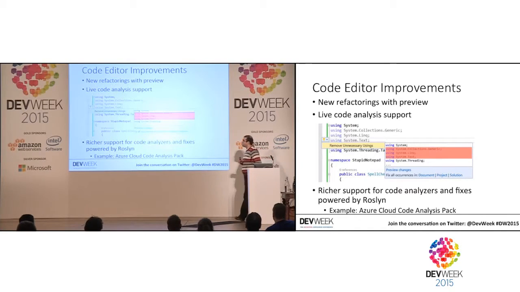And one example of those efforts is the Azure Cloud Code Analysis Pack, which is basically this thing you install, you add to your Visual Studio, kind of like a NuGet package, and it will try to look out for patterns of using Azure features incorrectly.